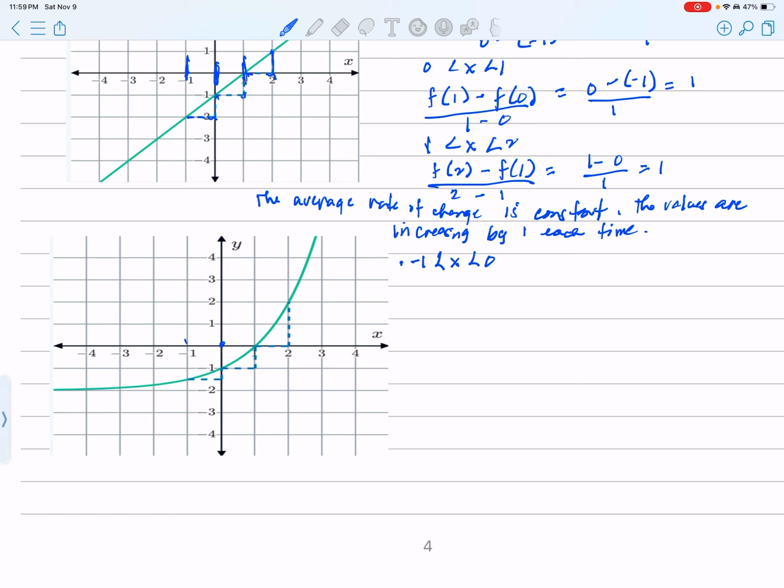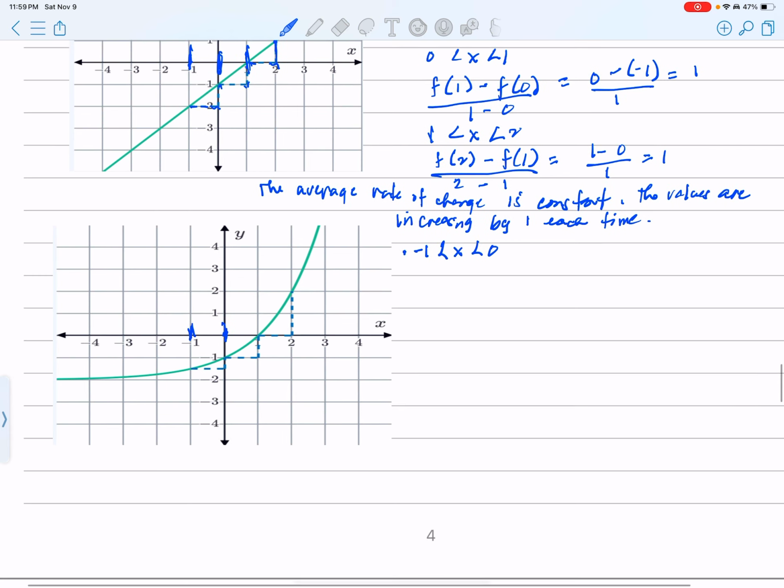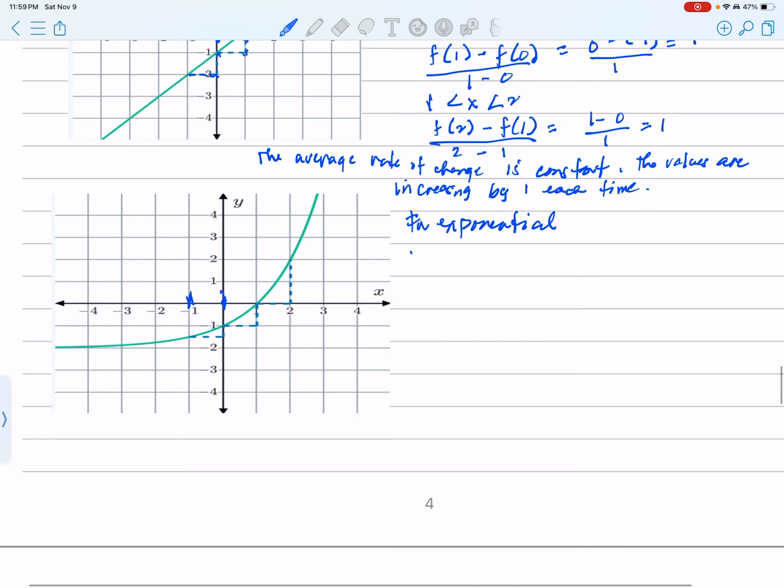I'm going to write here for exponential. I think I'm going to use a space to differentiate. So the first interval is from negative 1 to 0.